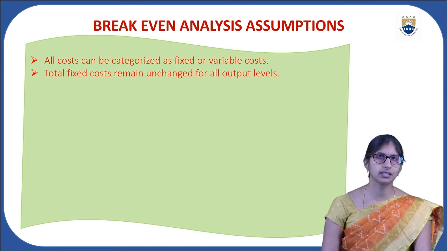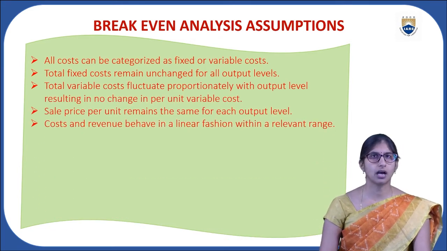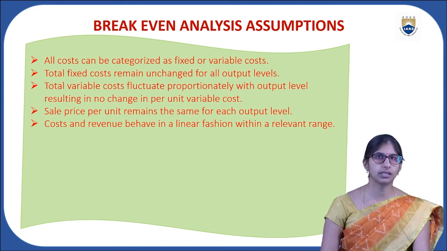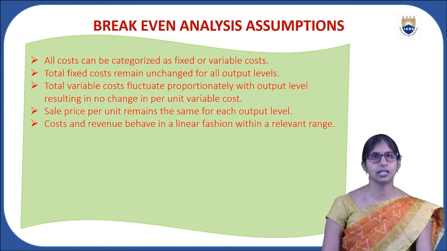So we cannot change the fixed cost. Next, our total variable cost fluctuates based on the level of output, with no change in the per unit variable cost, because per unit variable cost is not going to change. Coming to the next one, the sales price per unit remains the same with the level of output.